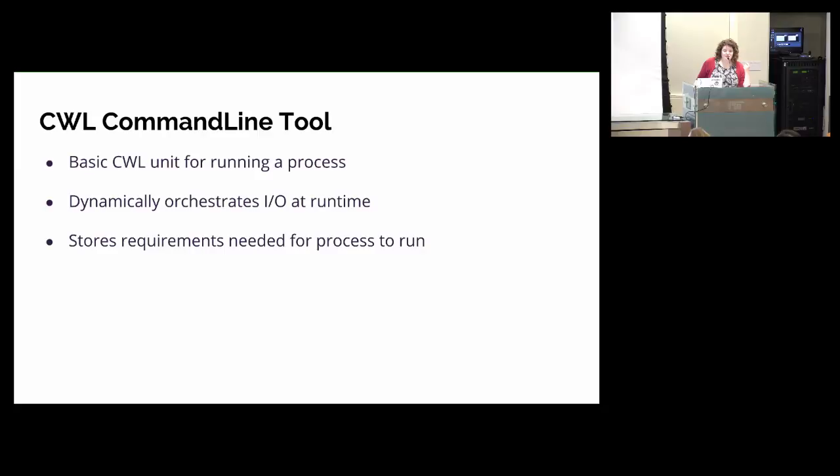So whether it be a Docker container to run in, or maybe, if you are running on, let's say, the Arvados or Toil implementation, you can tell it how many cores you want to run in and what your maximum RAM is. I assume Toil does this, I know Arvados does. You can also specify if you need a particular environment variable set, things like that.